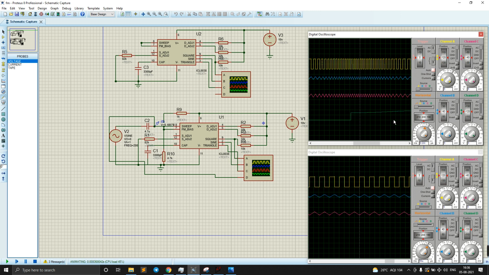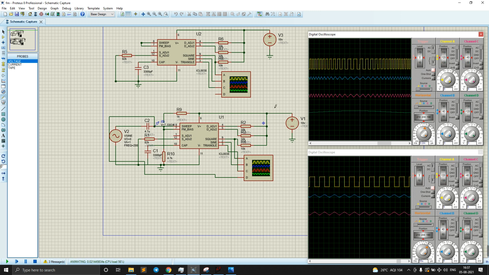Now we can see whenever this capacitor is discharging and charging, that means whenever it is discharging, here we get more voltage. Whenever this is more voltage, that time the output will be of lower frequency, and whenever that capacitor is charging, we are getting this FM bias as the lower voltage.